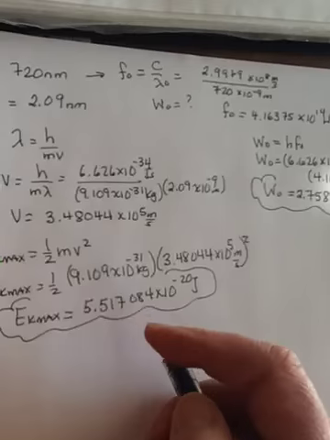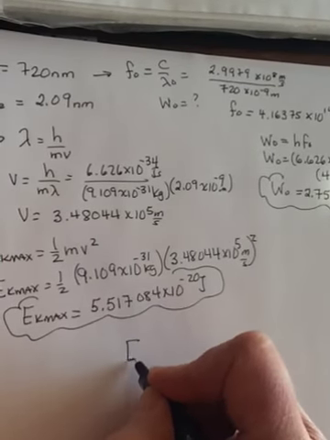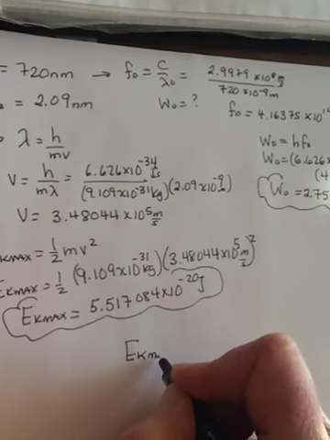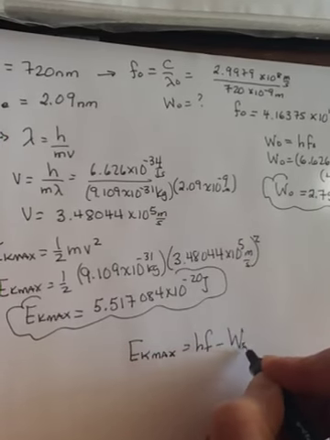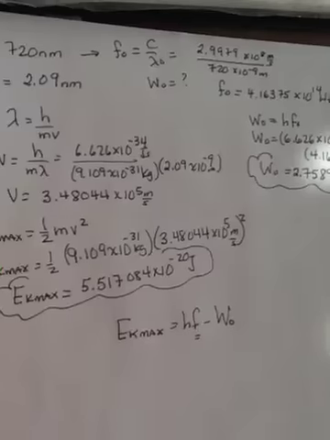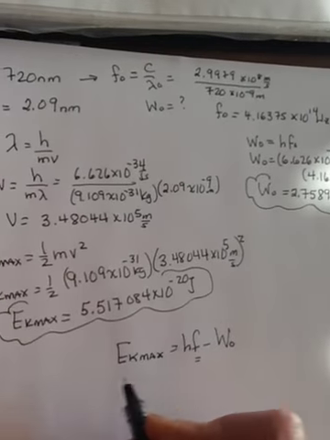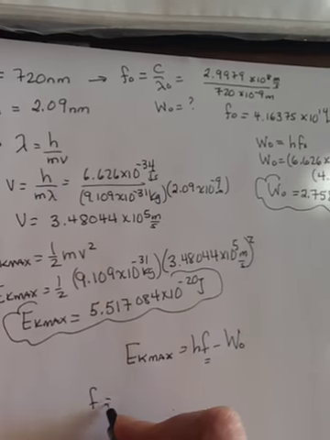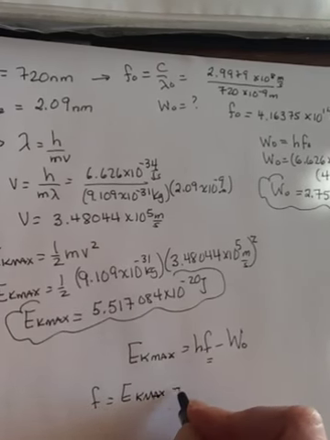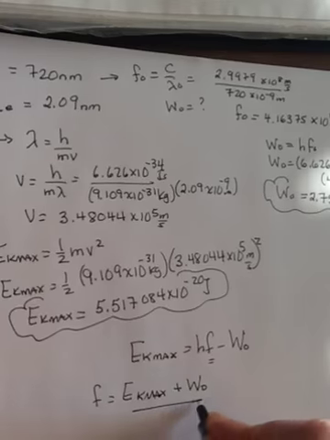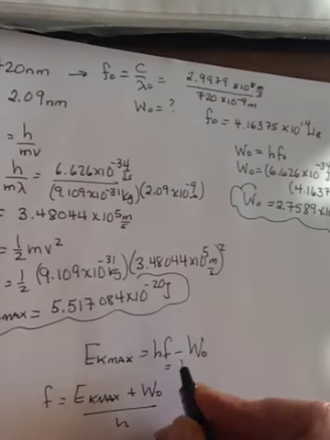Okay, so we have a W0, we have an EK max, and in our equation we know that EK max is equal to hf minus W0. So we can solve for our f because we know everything else. Rearranging, f is going to be equal to EK max plus W0 divided by h.